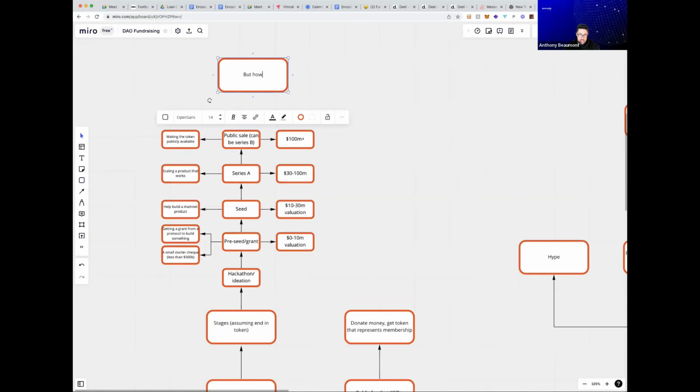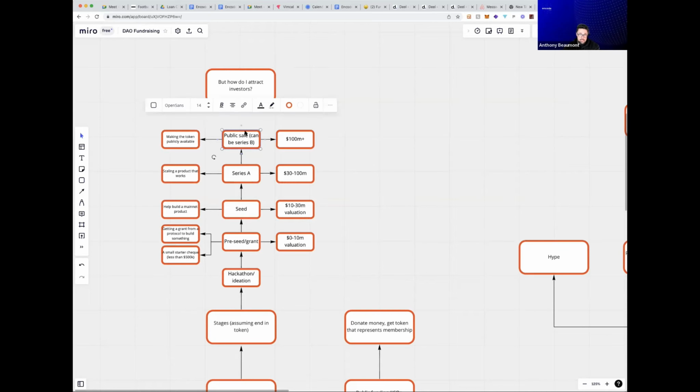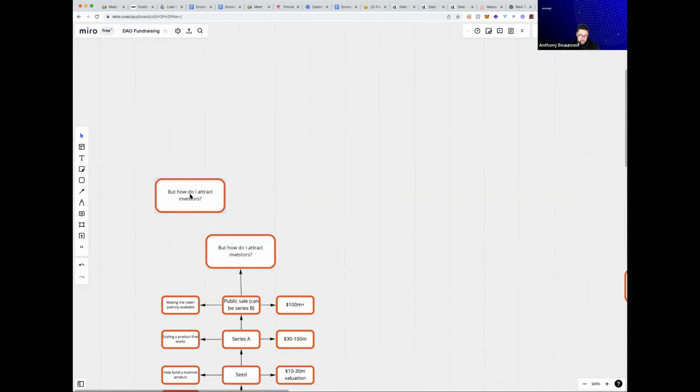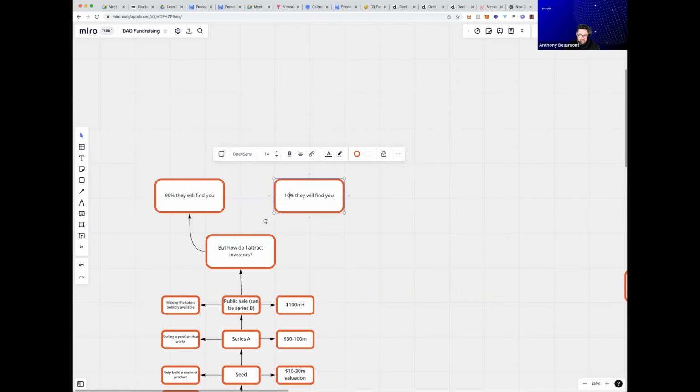But how do I attract investors? I would say there's a pretty good formula here, which is it's 90% they will find you. You can put yourself in the shop window, you can have good socials, etc. And it's 10% your network.